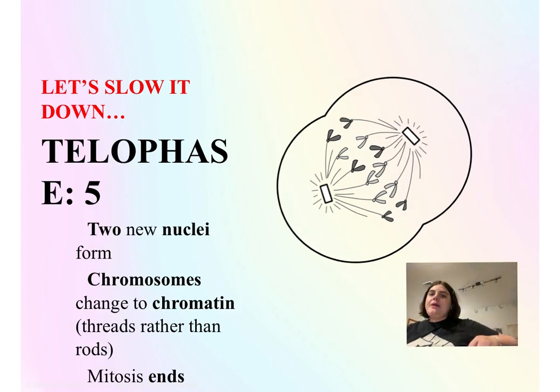Then we've got telophase, which is our last phase of mitosis. 2 new nuclei form, aka nucleuses. Chromosomes change to chromatin, from the X's into just wads of DNA, and then mitosis ends.